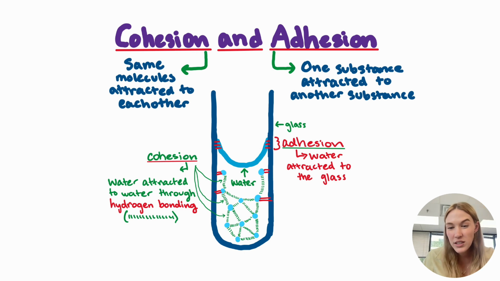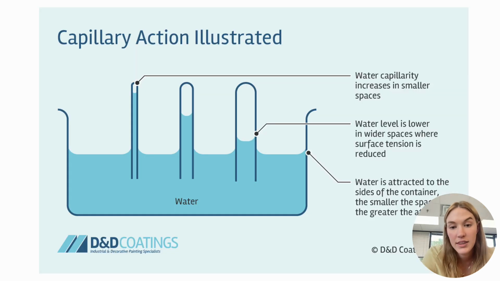And this becomes really important when we start talking about this idea of capillary action, which is the ability of water to climb up against gravity in situations where maybe we have a tube that is very, very small in diameter, the water is so attracted to the sides that it will crawl up the sides. But if we compare that maybe to a larger tube, the water is going to be less successful in that because the surface tension is reduced.